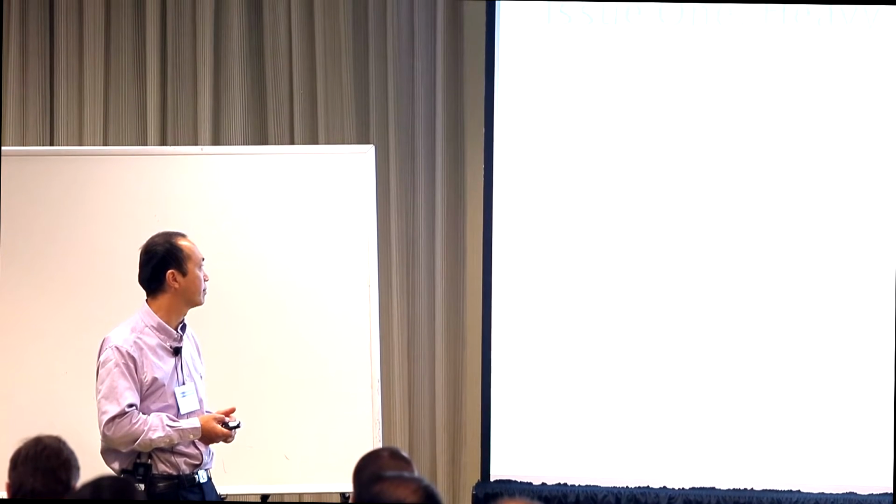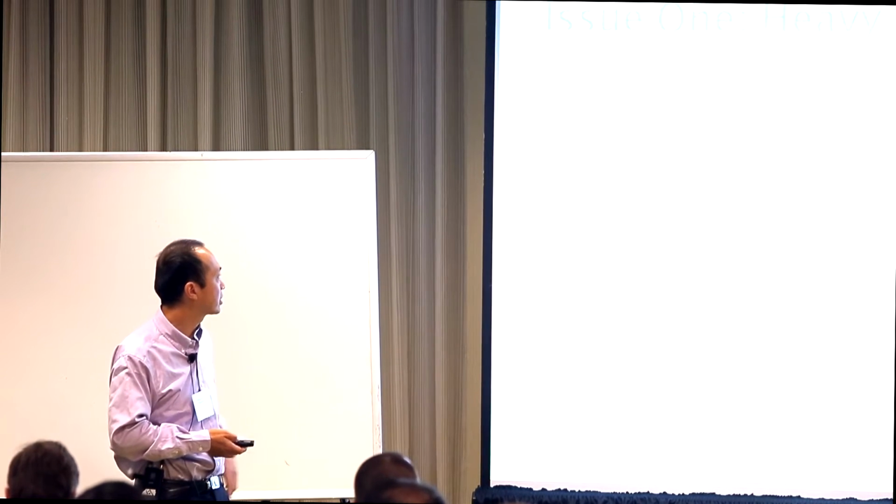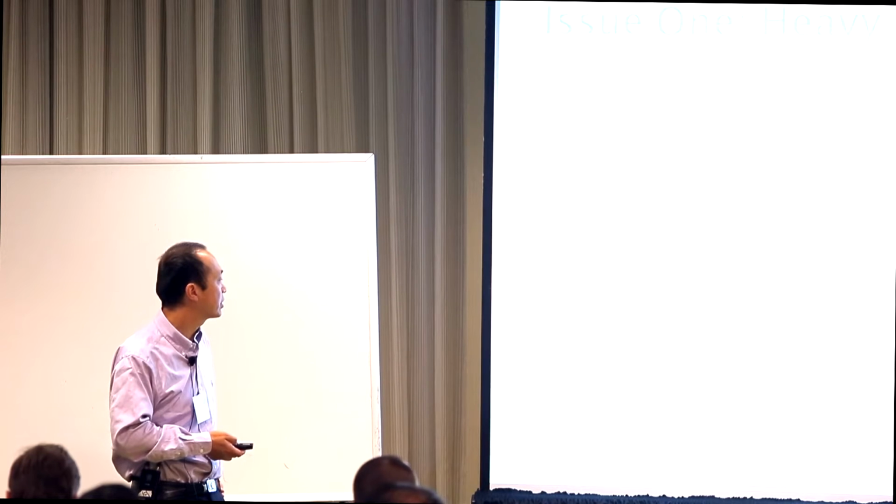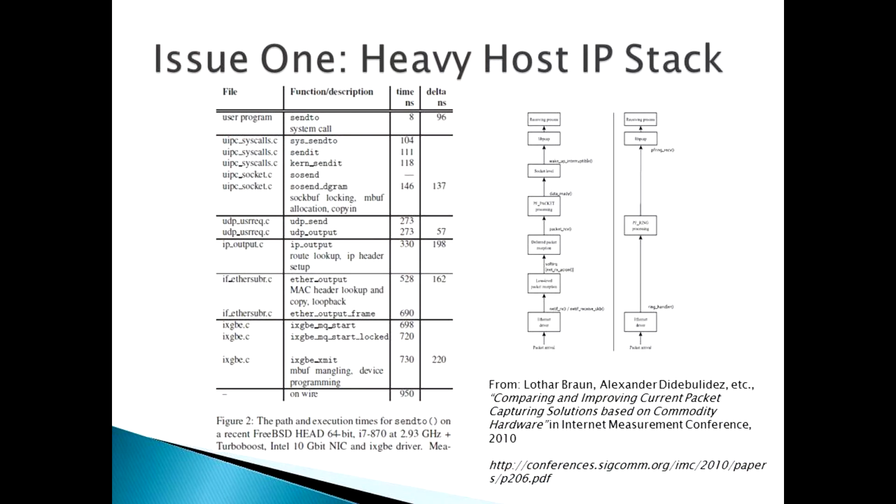On the right side, he gave a quote of what performance improvement they get if they use PFRING. Just a little highlight here: based on these experiments, he quotes about 3,000 cycles for a typical IP packet to go through the IP stack in the Linux kernel.